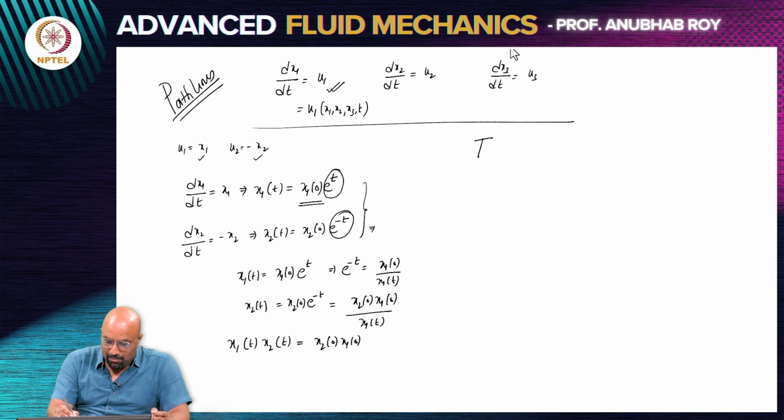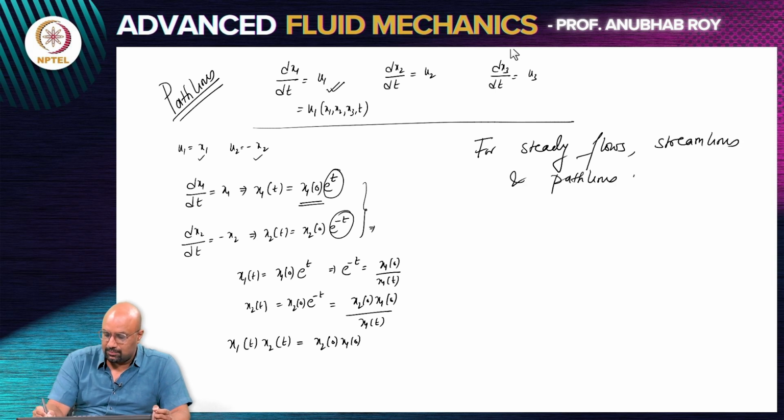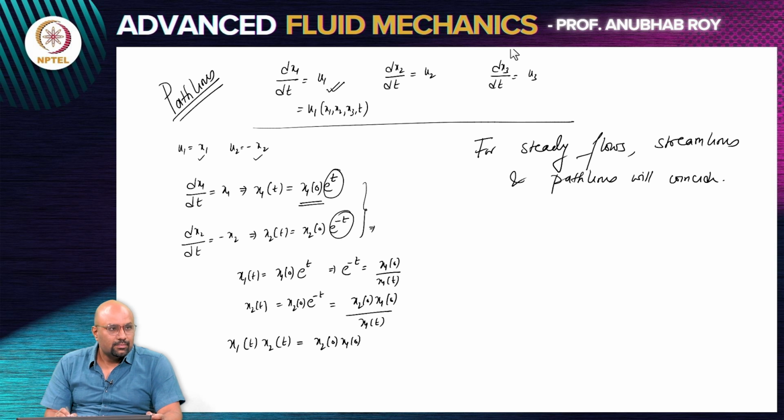So, the important conclusion that we have is that for steady flows, streamlines and path lines will coincide. That's the important conclusion.